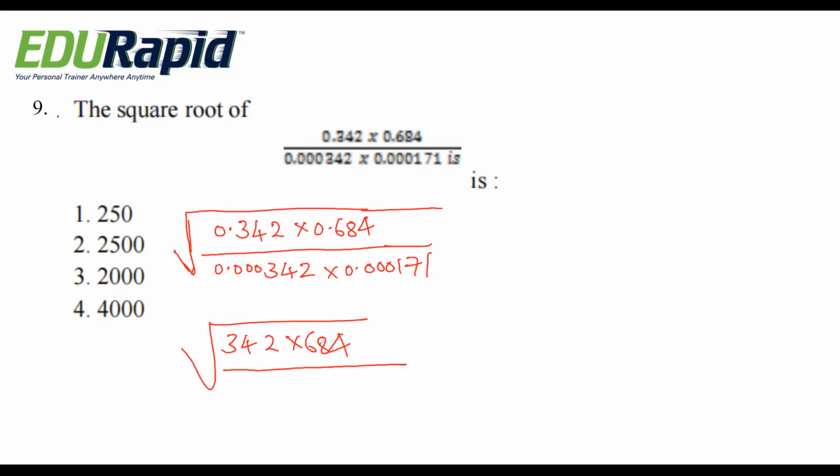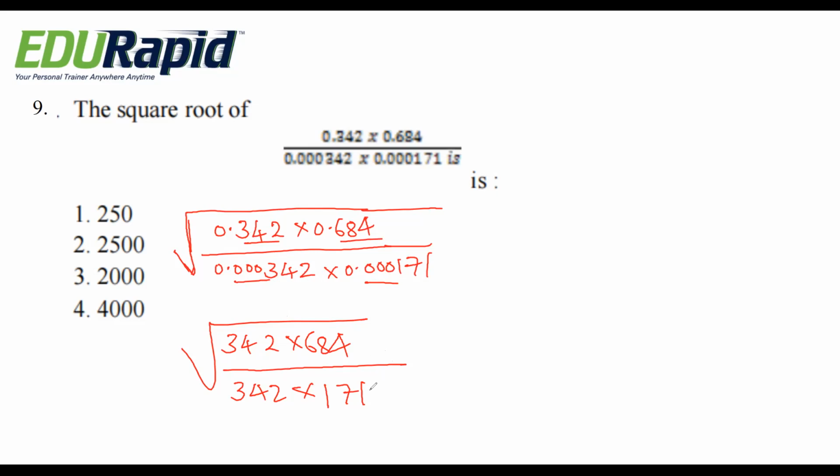And for the remaining part, in the numerator there are six digits after the point, and in the denominator there are three.